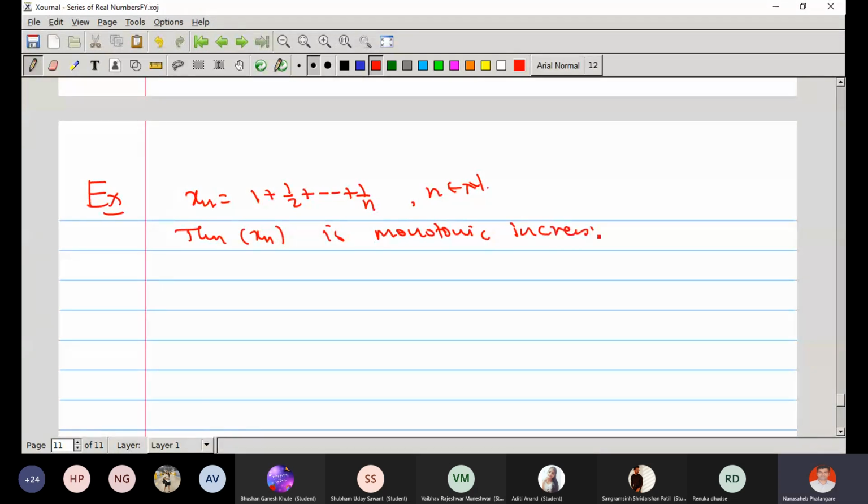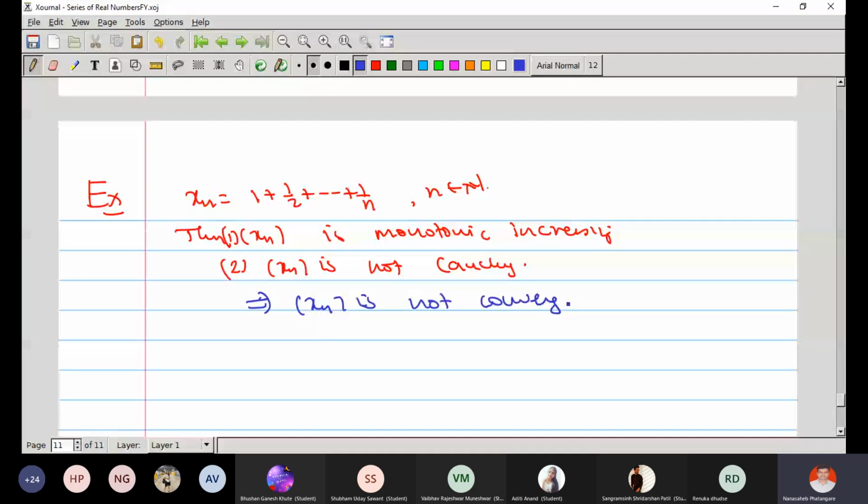This sequence is monotonic increasing, and we have proved that Xn is not Cauchy. Did we prove this? Yes, sir. Check the previous calculation. Xn is not Cauchy, and therefore Xn is not convergent.